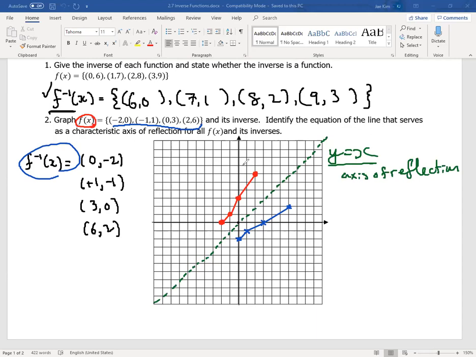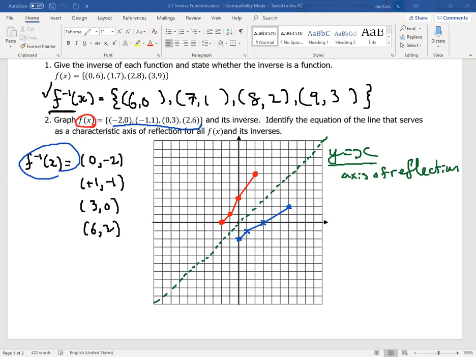Everyone's okay so far? It's very straightforward. But from here, I'm going to give you some equations. You can try graphing them, and let's see how we can actually calculate the inverse mathematically if you aren't given points but a function instead.